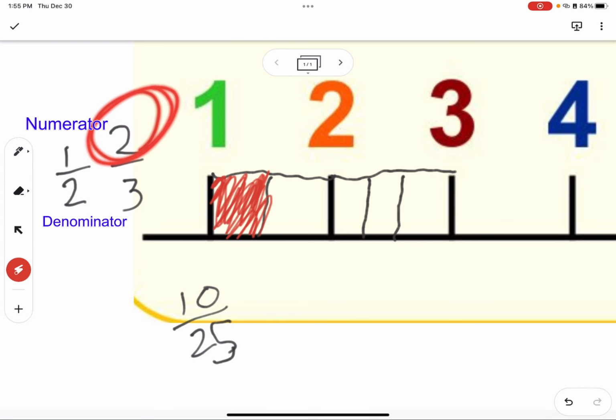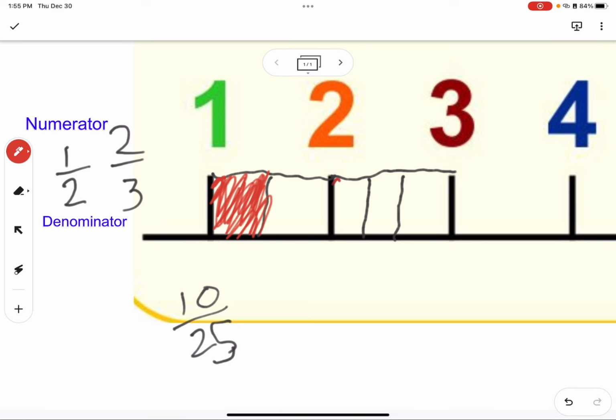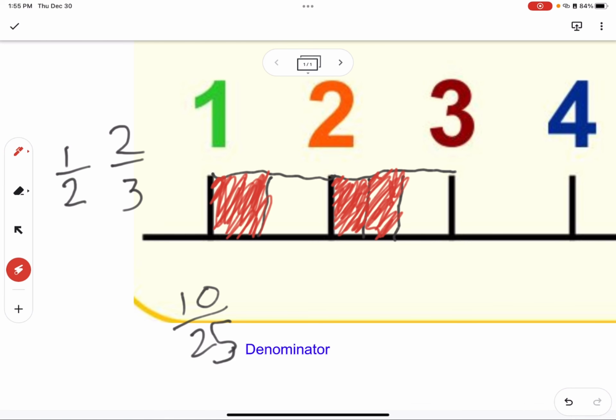Well, that's what my numerator tells me, the top number. So I'm going to shade in 2 of them. Okay? But if this is my fraction, how many equal parts is my whole divided into? 25. And how many of those equal parts would I shade in? 10. Yep.